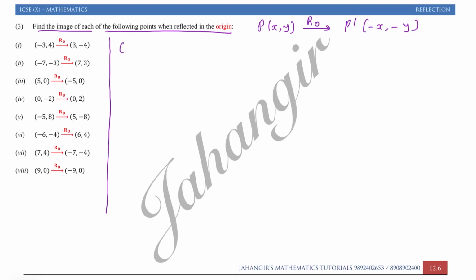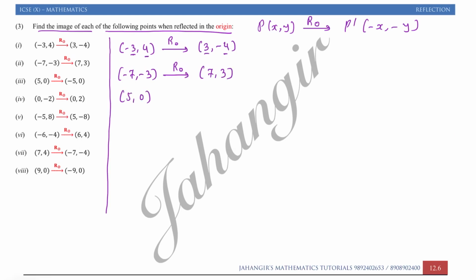Let us do (minus 3, 4). When reflected in the origin, you will get (3, minus 4). See, both signs: minus 3 becomes plus 3 and plus 4 becomes minus 4. (Minus 7, minus 3) when reflected in the origin gives you (7, 3).